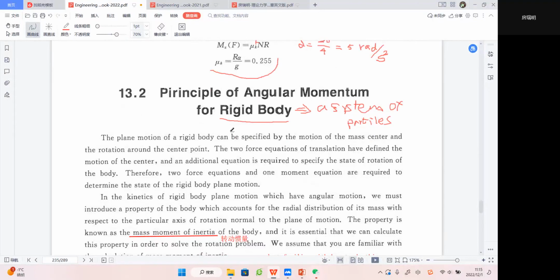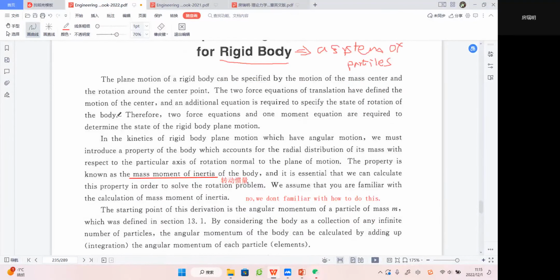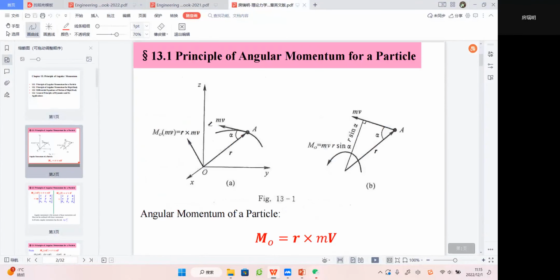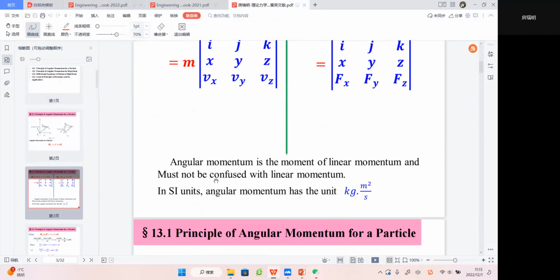So first, we are going to talk about the principle of angular momentum for rigid body. So let's see. I think when I read the paragraph, maybe it will help you guys have a better understanding of the concept of principle. If I just use this very short PPT, maybe it's harder for you guys to understand, right?